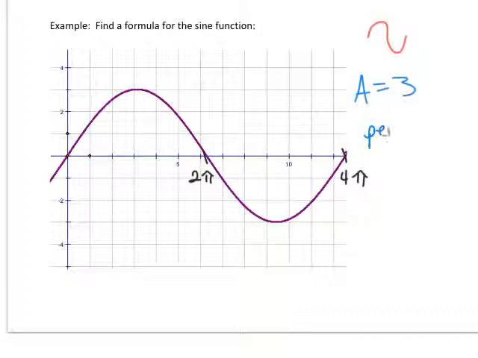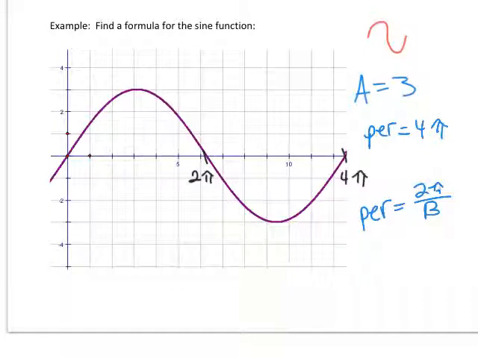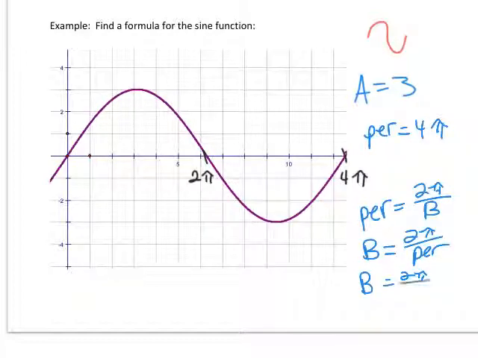That's not what I put in the function, though. What I have to do is find the b value. If I know that the period is 2 pi divided by the b value, if I cross multiply and solve for b, it's a similar thing. b is 2 pi divided by the period length. So in this case, b is going to be 2 pi divided by 4 pi, which is 1/2.